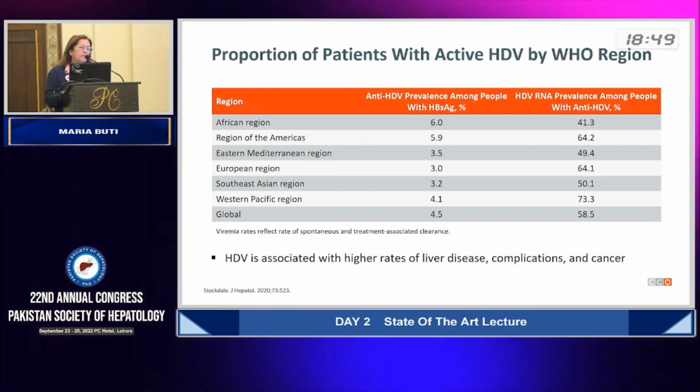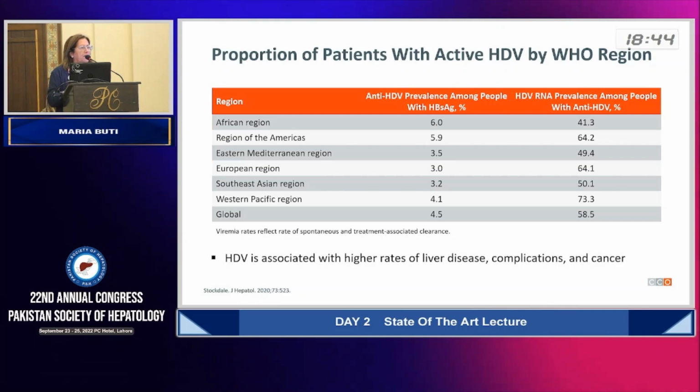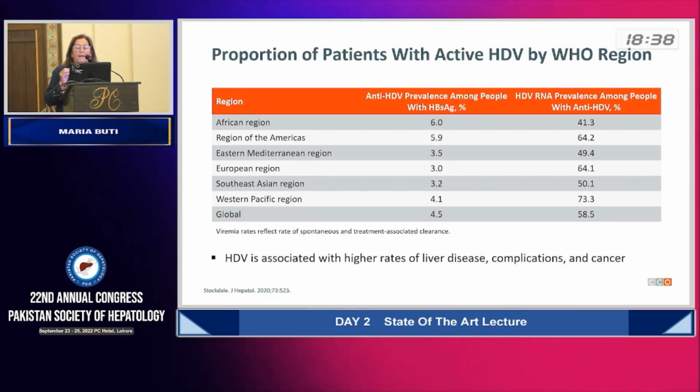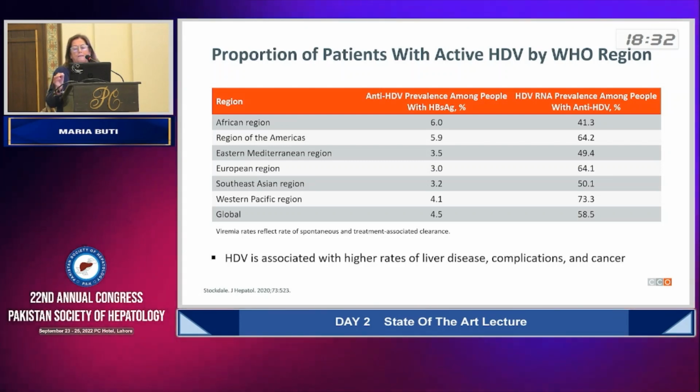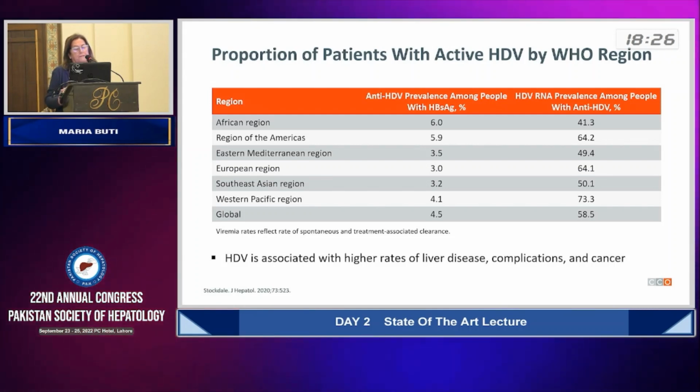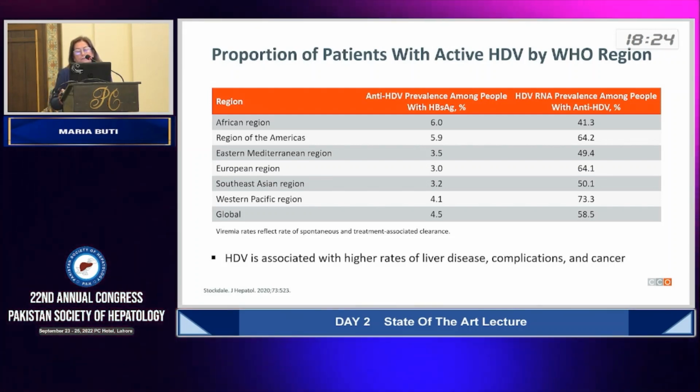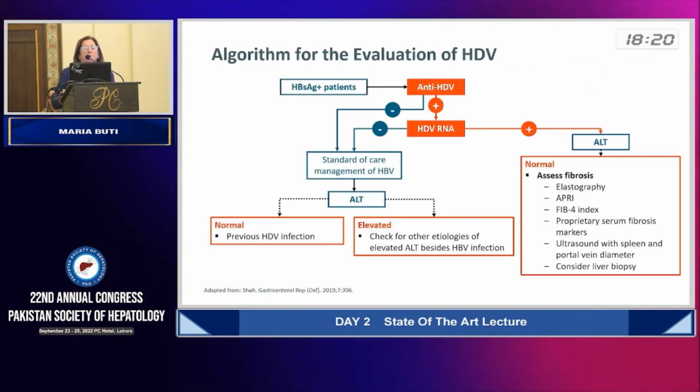To diagnose active delta infection, you need to test for viremia, for HDV RNA, and you can see that the prevalence of HDV RNA in anti-delta positive people is between 40 and 73%. And in cases where RNA is positive, this is associated with higher rates of liver disease, complications, and liver cancer.